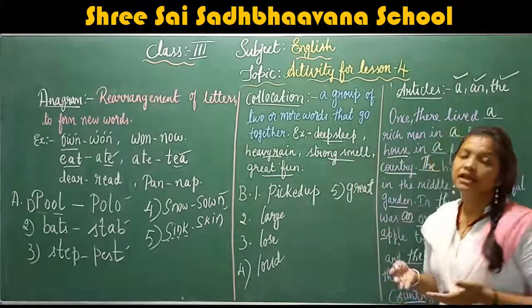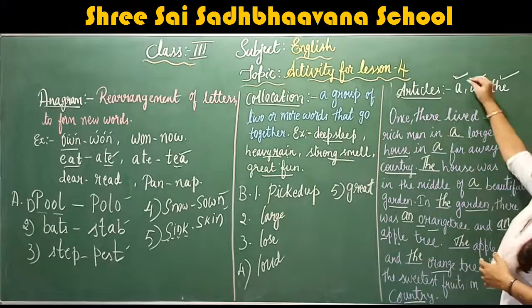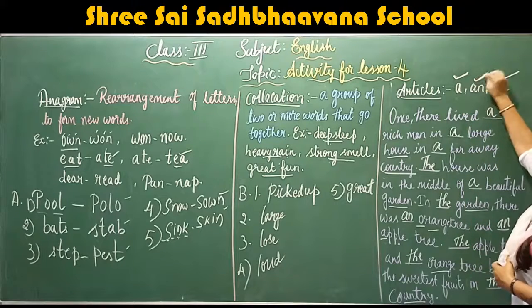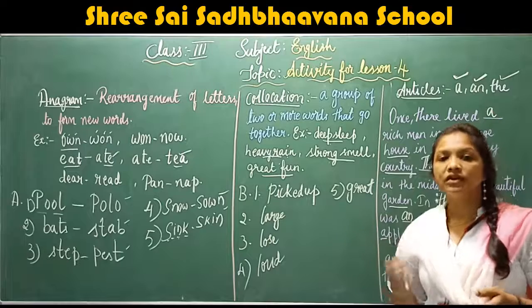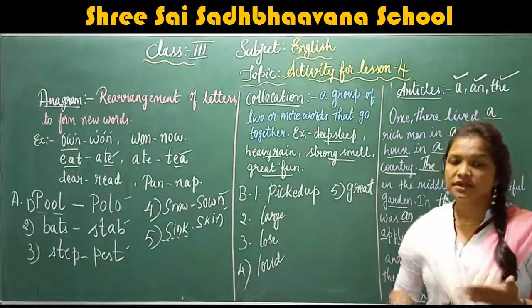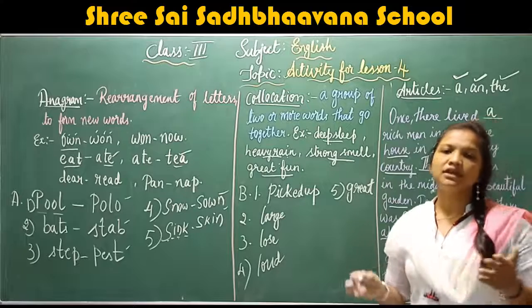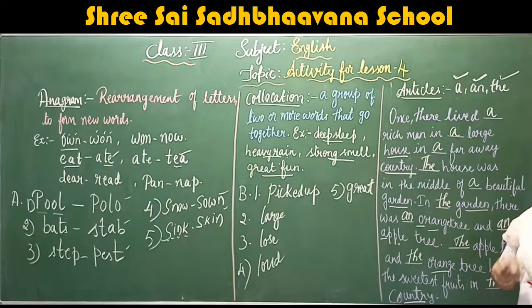So when the words are beginning with the consonant letters, then we have to use article A. An is used when the word is starting with a vowel sound, that is A, E, I, O, U. Okay, when the word is starting with the vowel sound, then we have to use the article an.